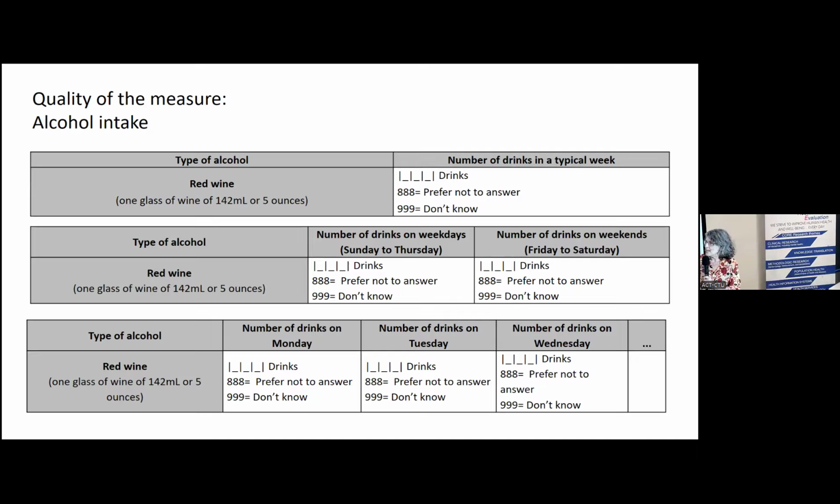The other choice was having the number of drinks on weekdays, Sunday to Thursday, and during the weekends, Friday to Saturday. And the other choice was last week, the number of drinks on last Monday, last Tuesday, last Wednesday, etc. Which one do you think they chose?